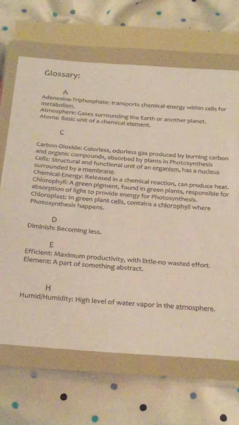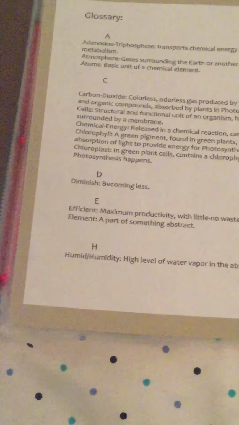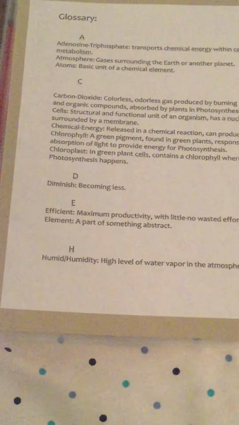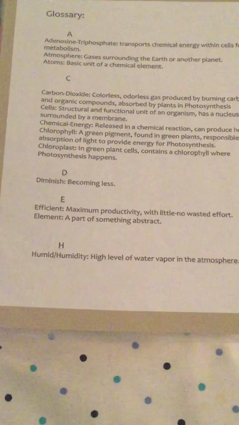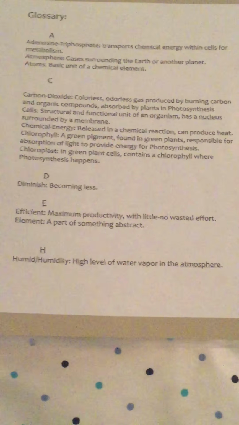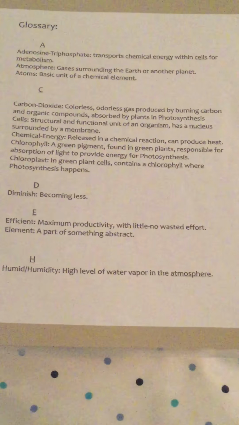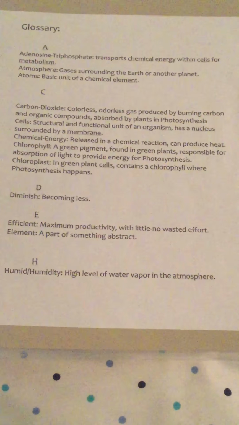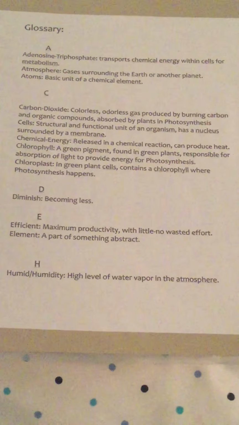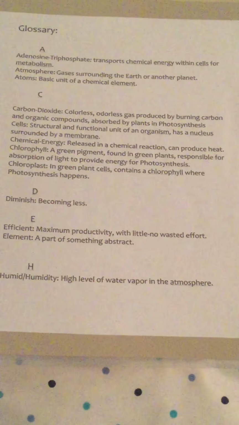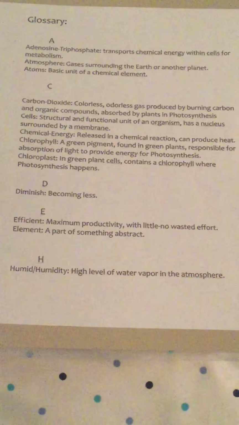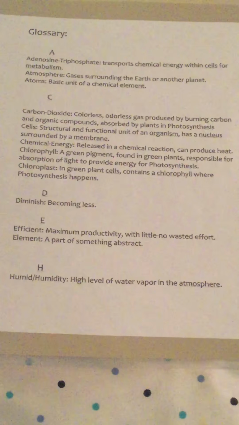Cells: structural and functional units of an organism. Chemical energy: released in a chemical reaction, can produce heat. Chlorophyll: a green pigment found in green plants, responsible for absorption of light to provide energy for photosynthesis. Chloroplast: in green plant cells, contains chlorophyll where photosynthesis happens.